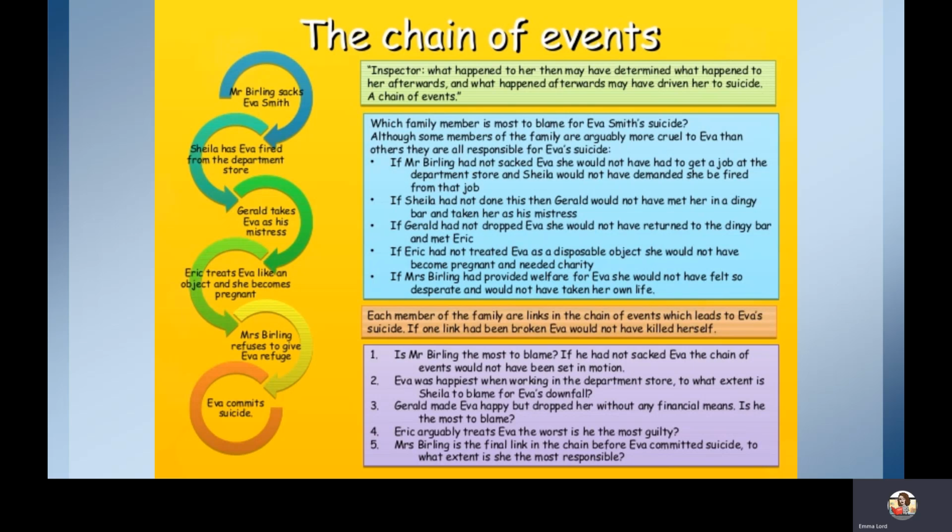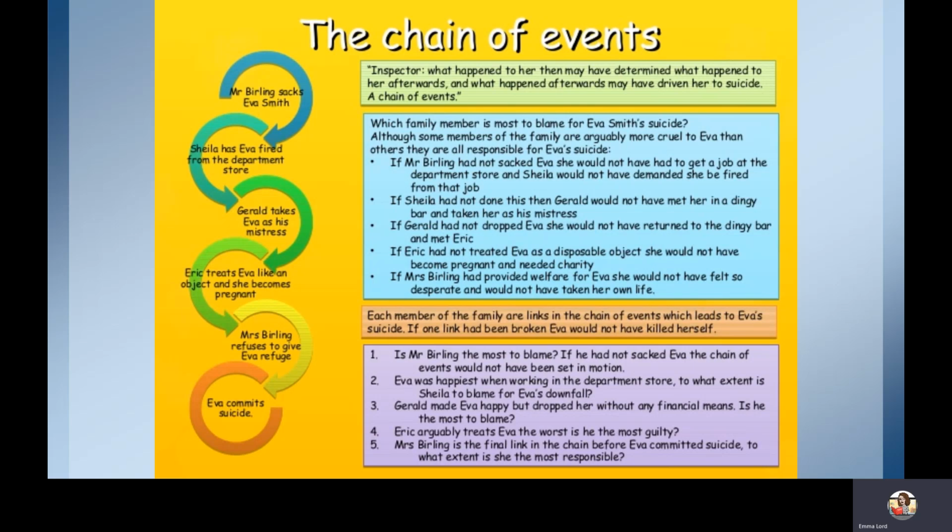Then she has this saving grace, when she thinks it's a saving grace, when Gerald finds her and puts her up in his friend's apartment and takes her as a mistress. She's in love, she's happy, she's provided for, she has shelter, she has accommodation, etc. Then Gerald gets rid of her and tells her that she has to move out.